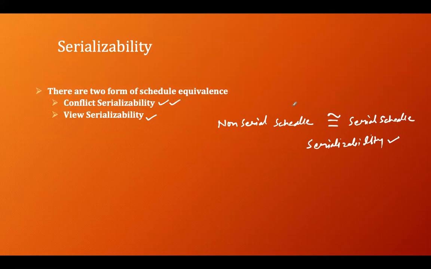If the view of the non-serial schedule also exists in the serial schedule, then this particular non-serial schedule is also called view serializable. Got it? So we have to look for any possibility of a serial schedule which is equivalent to the non-serial schedule. Then I can say that it is serializable. If conflict also exists, it is called conflict serializable. If view also exists, that is called view serializable.